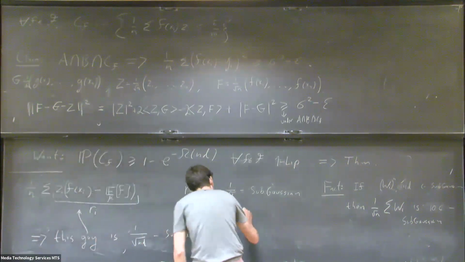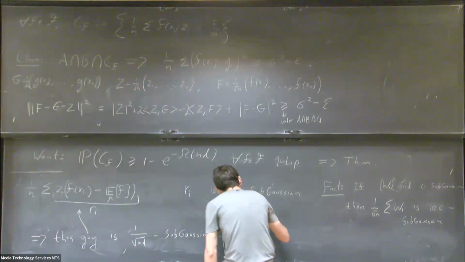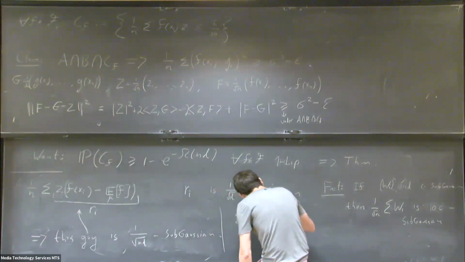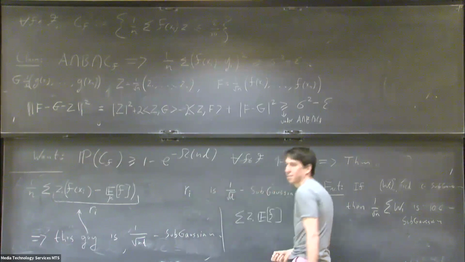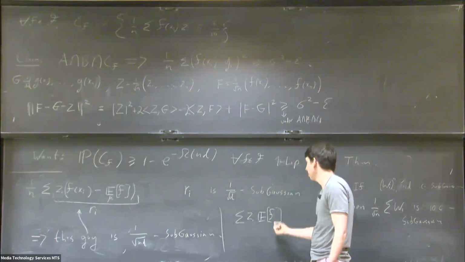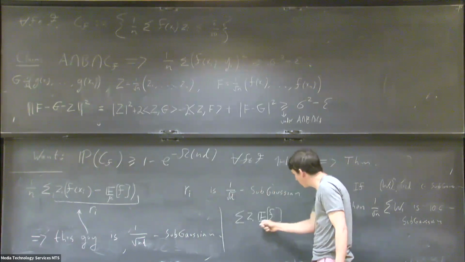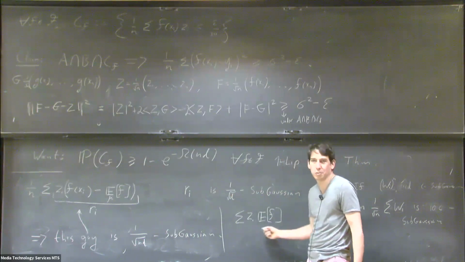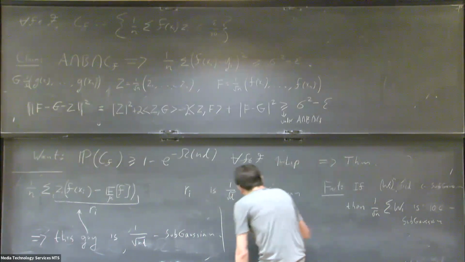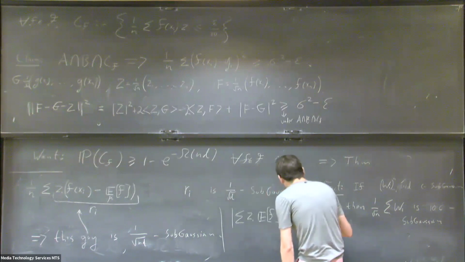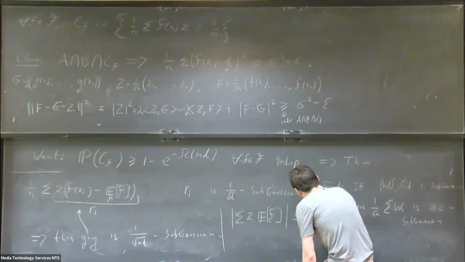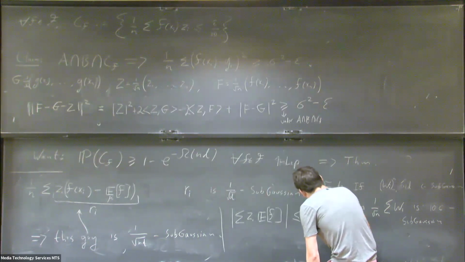So now let's look at the sum of Zi times the expectation of F. This only depends on one parameter, which is the expectation of F. And in fact, this is bounded by the absolute value of the sum of Zi.